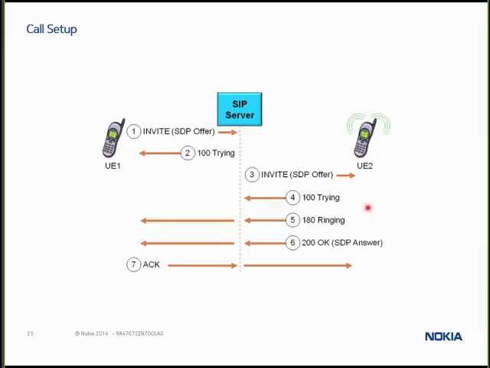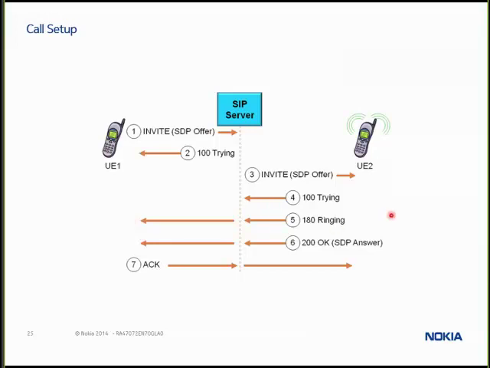Do I have to have a special ringtone for this subscriber, if it's my friend or whatever it may be? Once it starts doing that, it will send back a ringing saying, I am making the phone ring. The SIP server forwards that to the originating UE, or the originating subscriber.